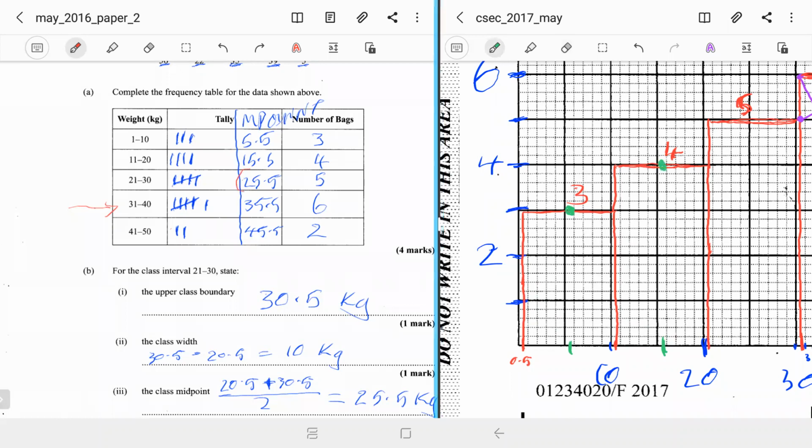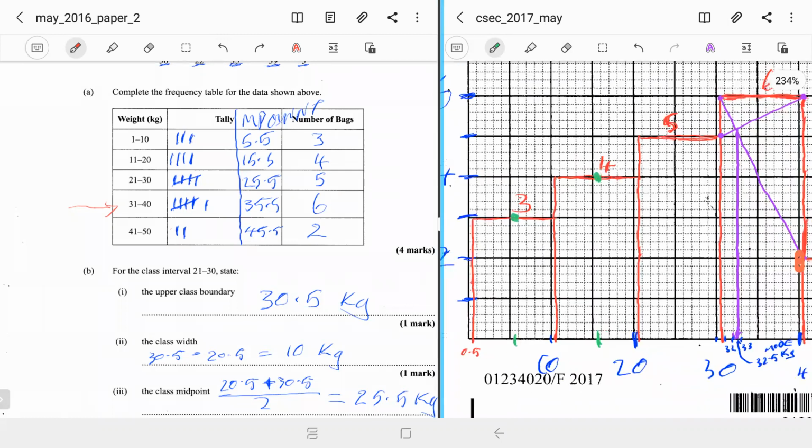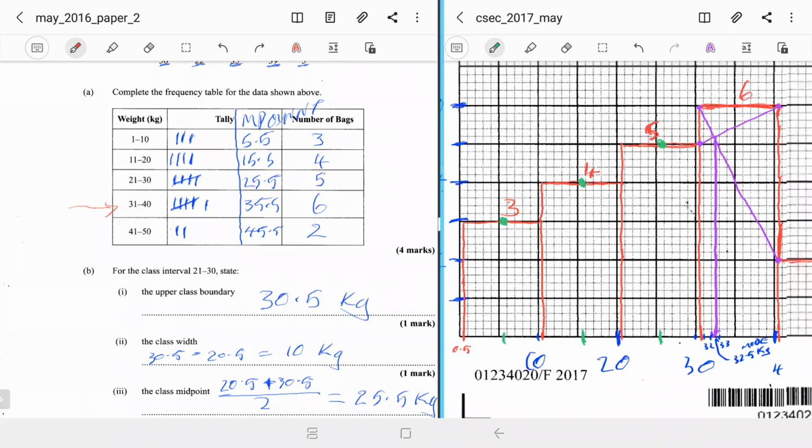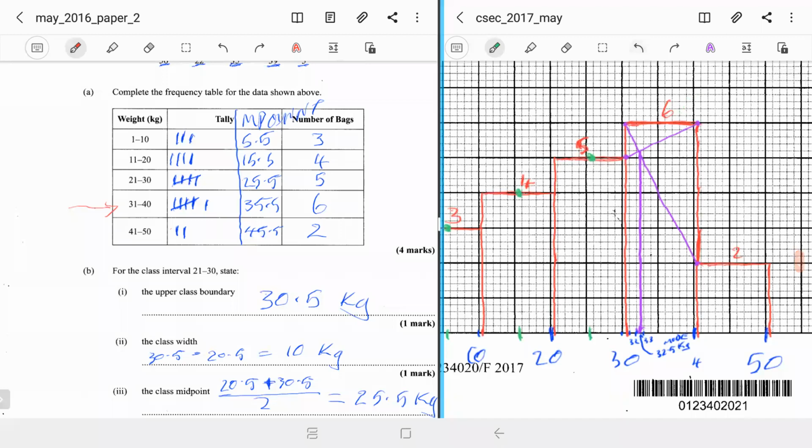Next one will be 25.5 with its frequency. So again, it's the middle at the top of this bar. The middle of the bar, top of the bar is there. That's where the point would be. Next one will be 35.5, which corresponds to the top of the middle of this bar, which is right here.